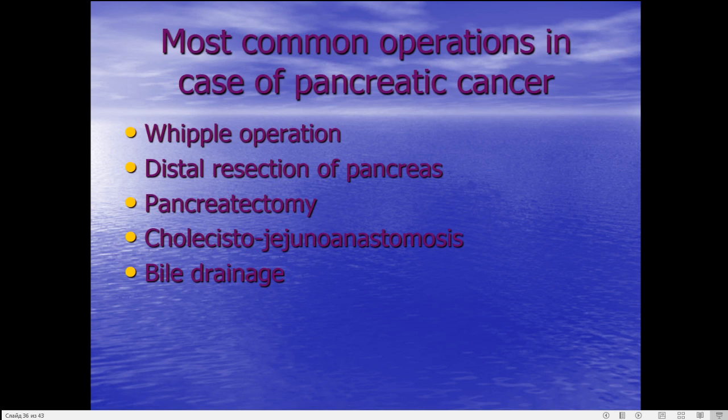Distal resection of pancreas if the localization is on tail or body of pancreas. Pancreatectomy, total pancreatectomy, and cholecystectomy with anastomosis. Cholecystojejunal anastomosis, just anastomosis, we said bypass anastomosis.